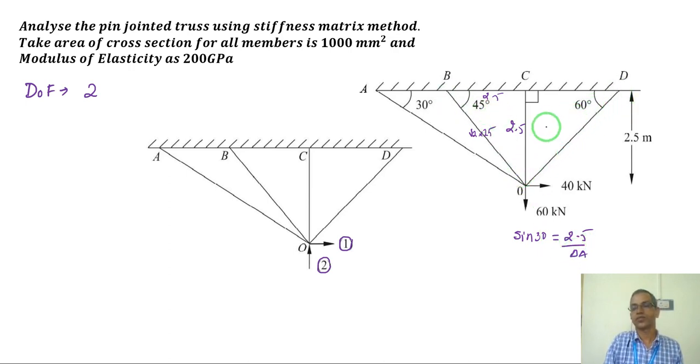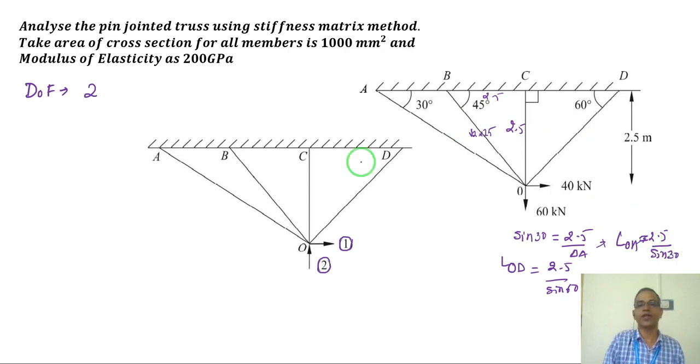Similarly on this side, the length will be 2.5 by sine 60, so OD length will be 2.5 by sine 60. And length OA will be 2.5 by sine 30. So like this we can find the length of each member.